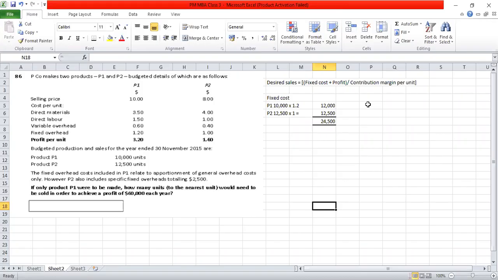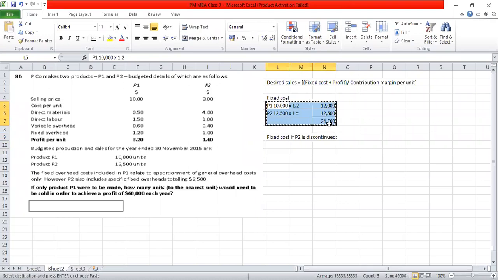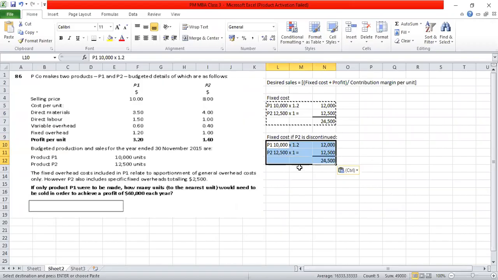so fixed cost if P2 is discontinued: P1 will be as it is, but P2 will be different. P2 will be 10,000.